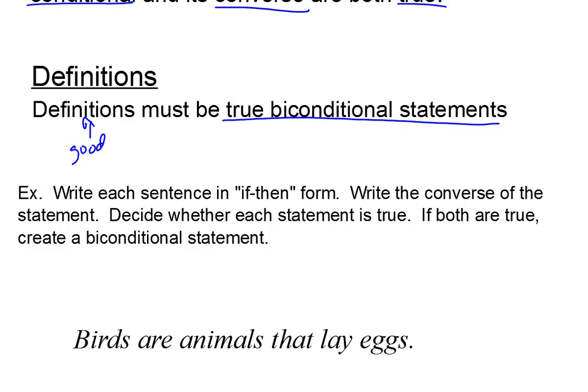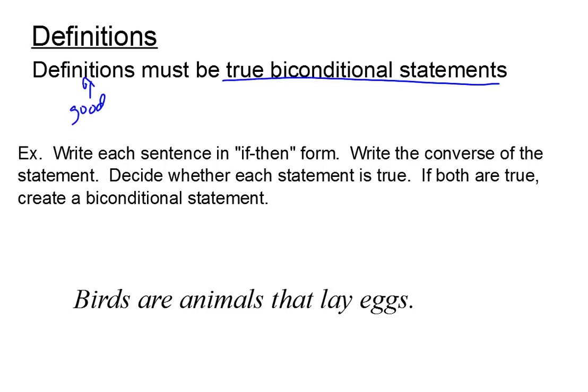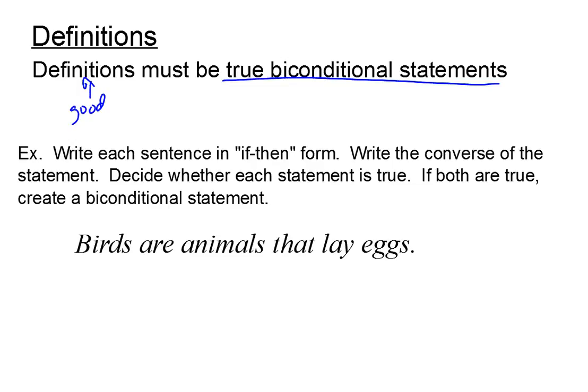Let's take a look at a few examples of what I'm talking about. The first part, write each sentence in if-then form, write the converse of the statement, and decide whether each statement is true. If both are true, create a biconditional sentence. Okay? So the first one. Birds are animals that lay eggs. So what's the initial condition that I'm talking about? Animals that are birds. Would you read this would be my hypothesis?